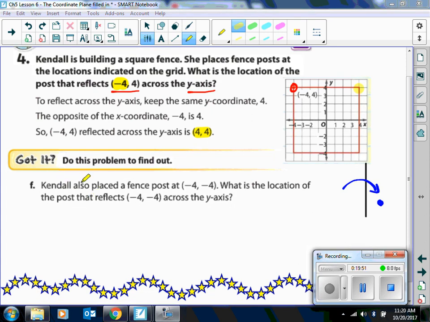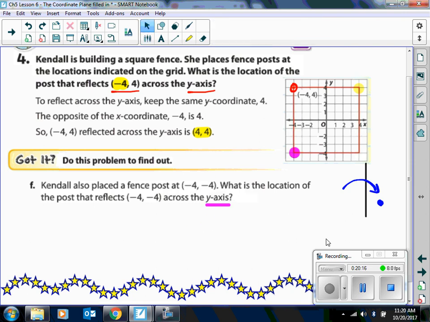Kendall also placed a fence post at -4, -4. So negative 4 comma negative 4 is right there. We want to know what is the location of the post that reflects negative 4 comma negative 4 over the y-axis. So once again, we are reflecting over the y-axis. And again, when we are reflecting over the y-axis, the x value changes because that shows the left and right movement.